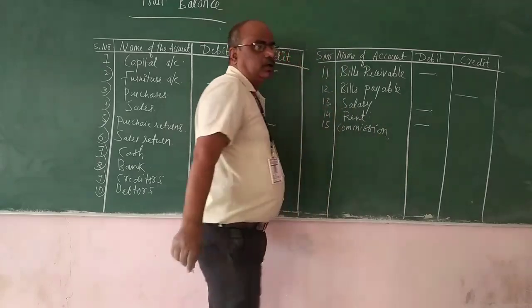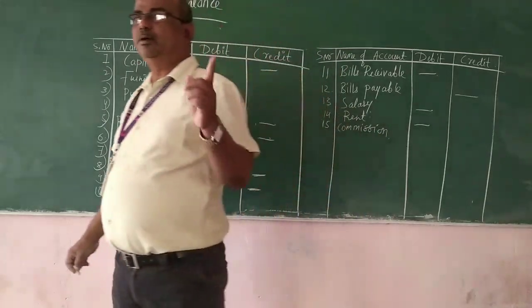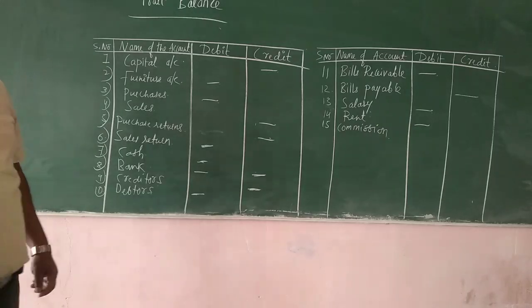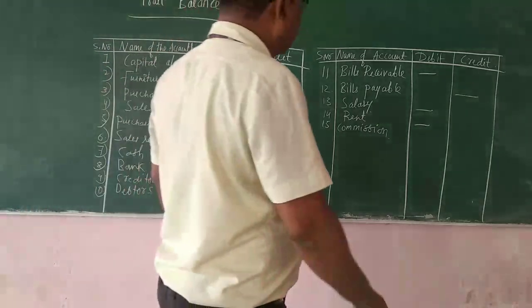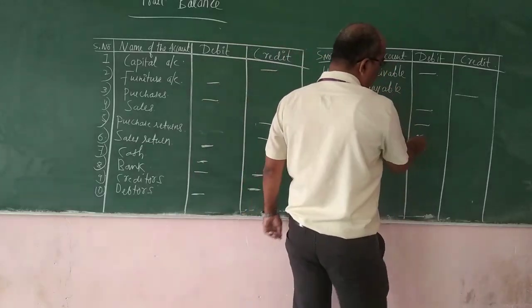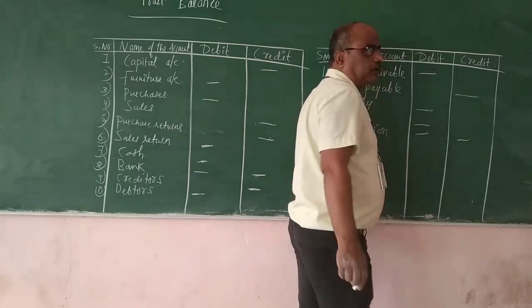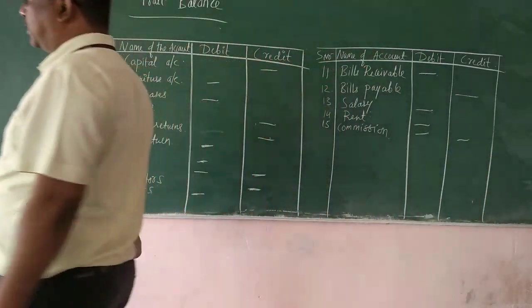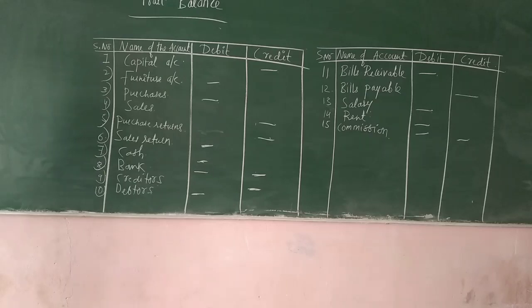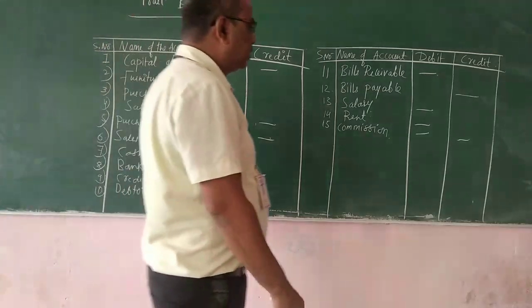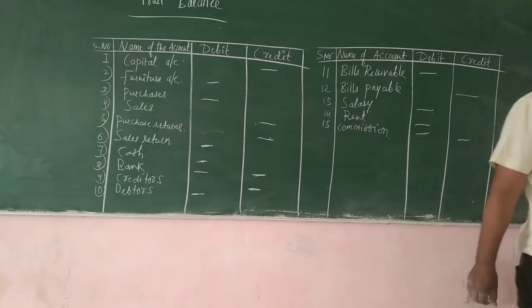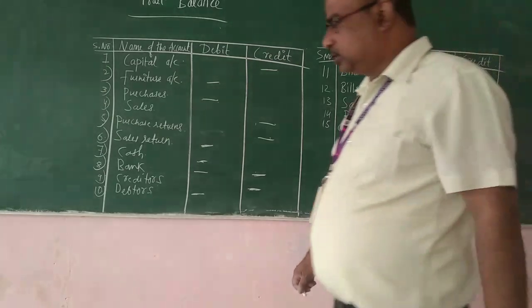Commission, if paid, will be debit; if received, it will be credit. Because commission, if paid, will be an expense, and commission, if received, will be income. And the rule says that if there is income, it should be credited, and if there is expense, it should be debited to the trial balance.